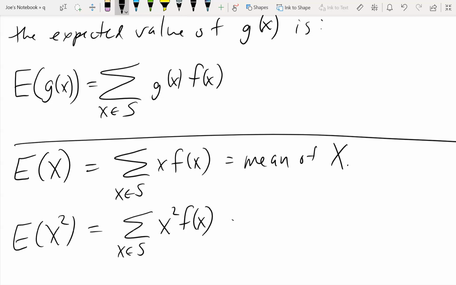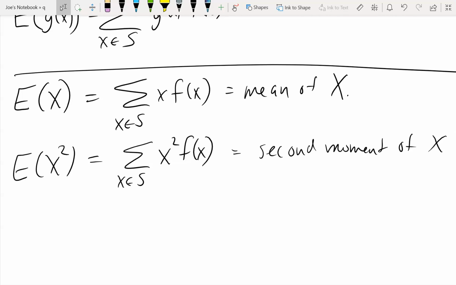This is referred to as the second moment of x. The expected value, or the mean, is the first moment. Expected value of x squared is the second moment. In general, if you have x to the n, the expected value is the nth moment. So let's compute a couple of these real quick, and then we'll do a few more on Wednesday.